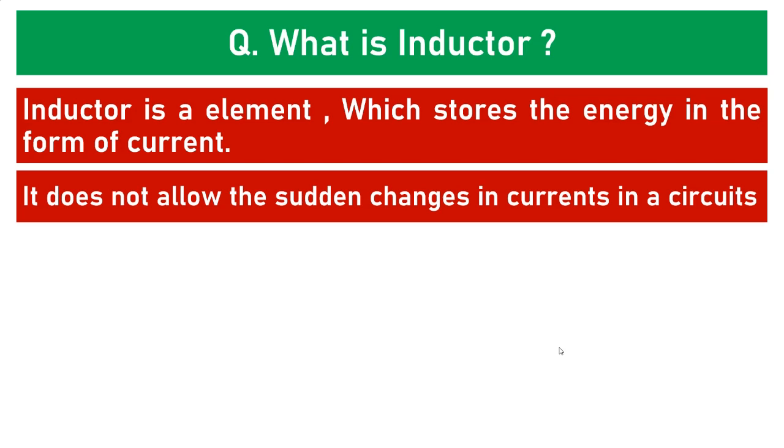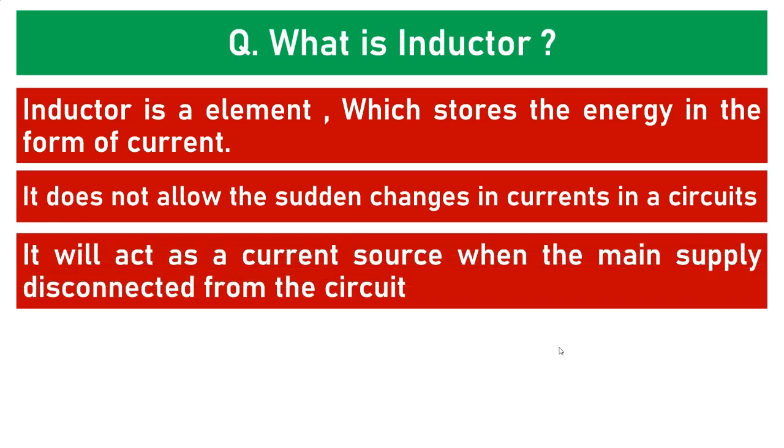This is the most important property of inductor, and it will act as a current source when the main supply is disconnected from the circuit. This is possible when the inductor has energy.